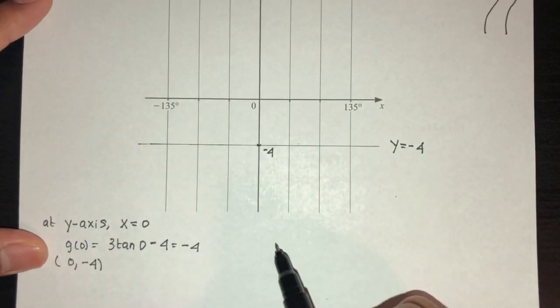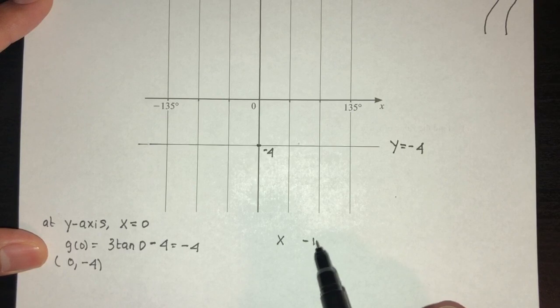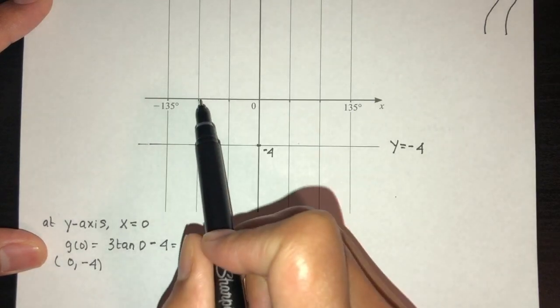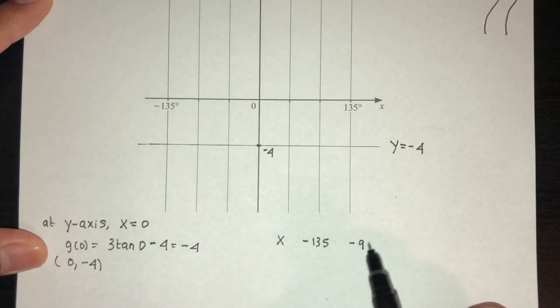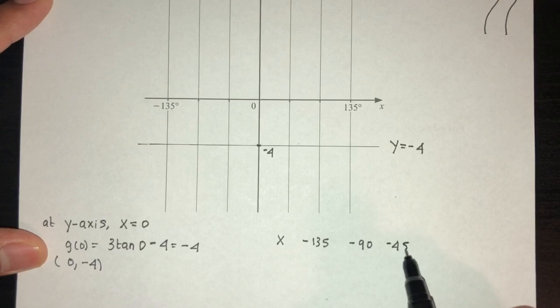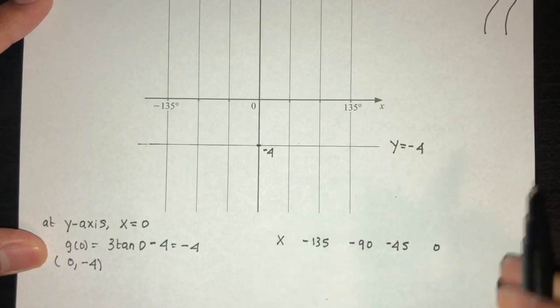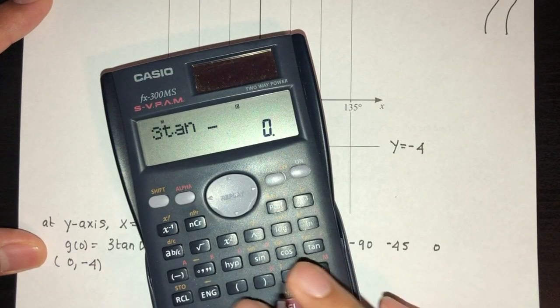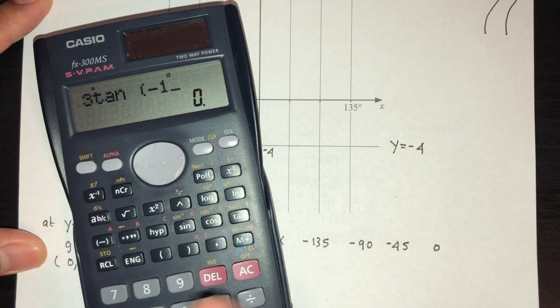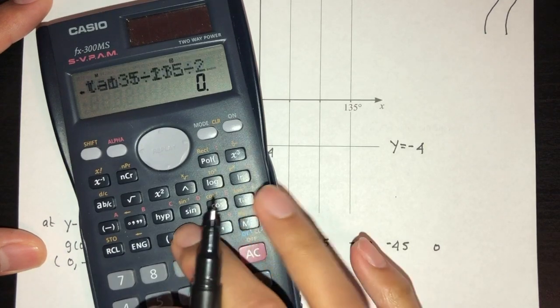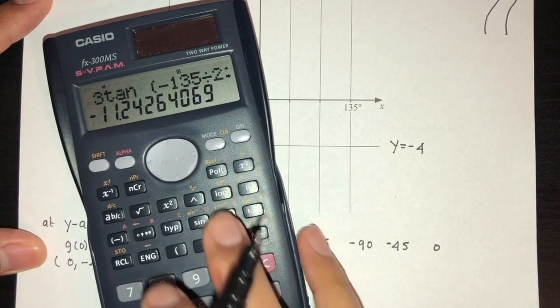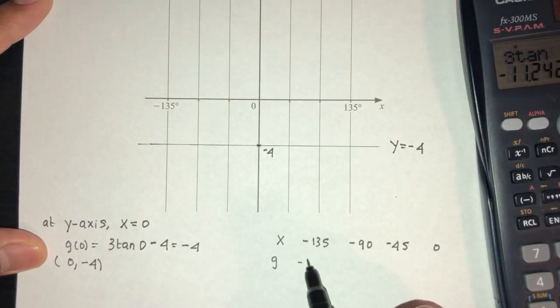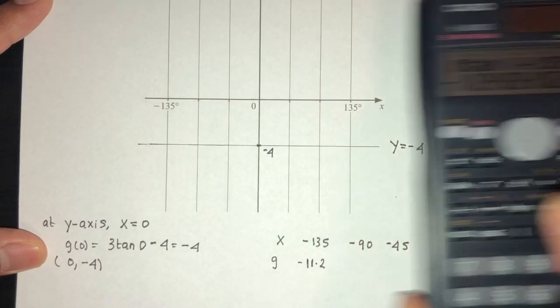So x can be minus 135, minus 90, minus 45, 0. Let's see what we get here for the value of g. So 3 tan of minus 135 divided by 2 minus 4 is minus 11.2.